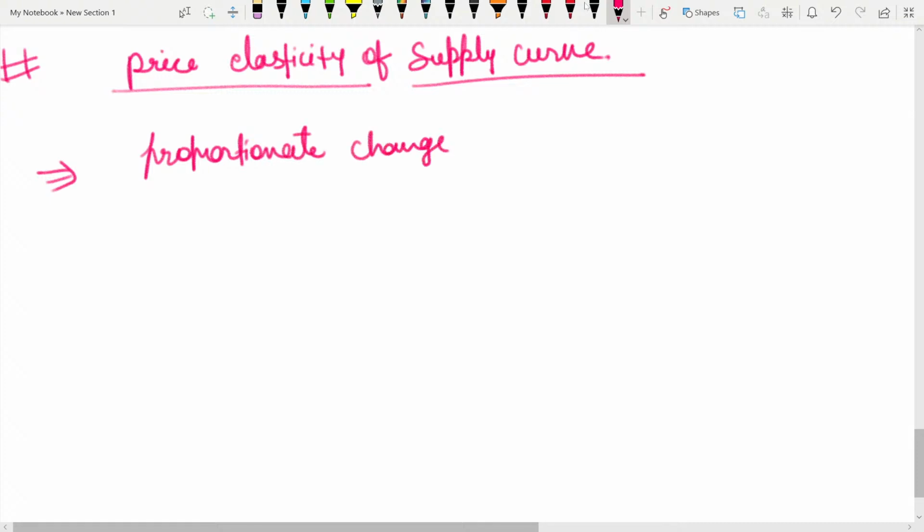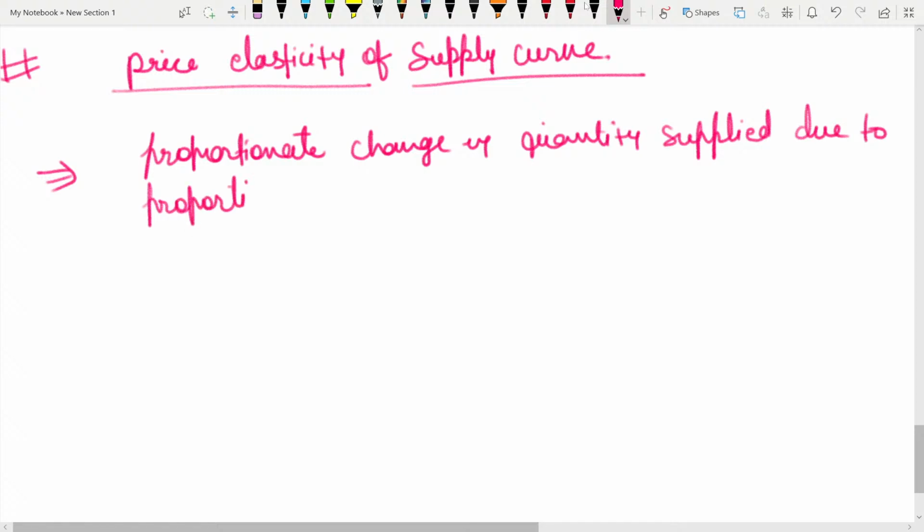Proportional change in quantity supplied due to proportional change in price of a commodity.